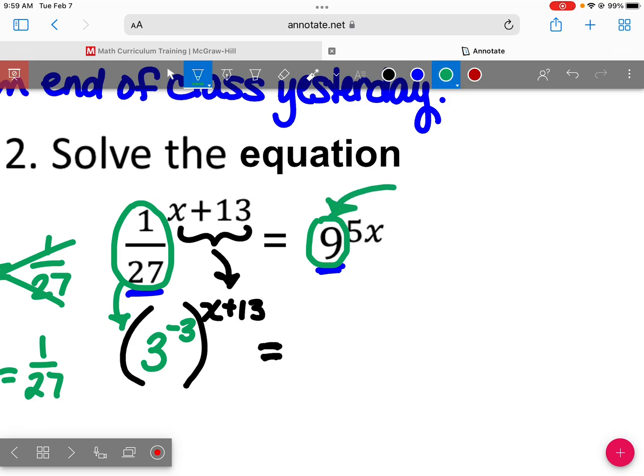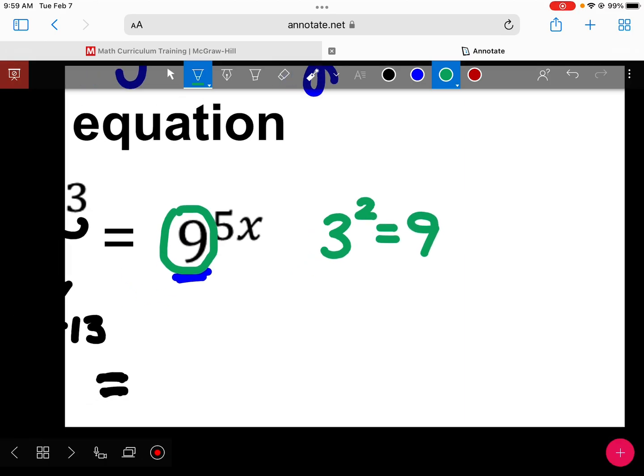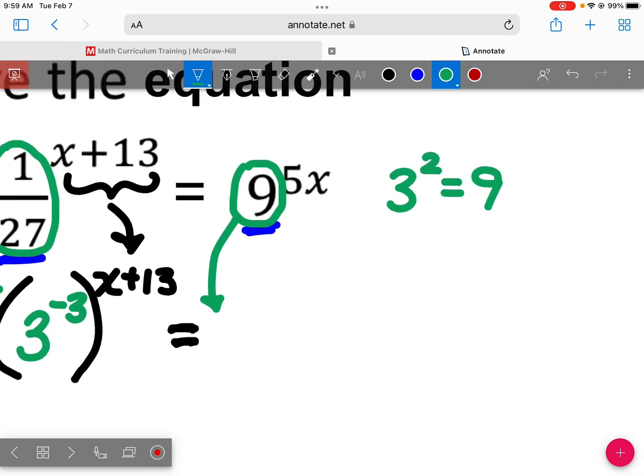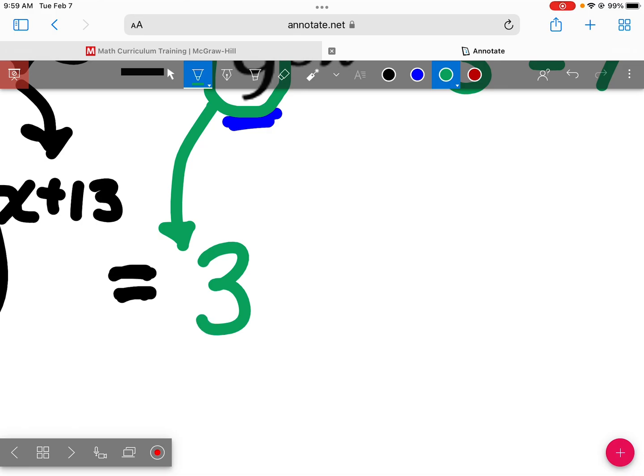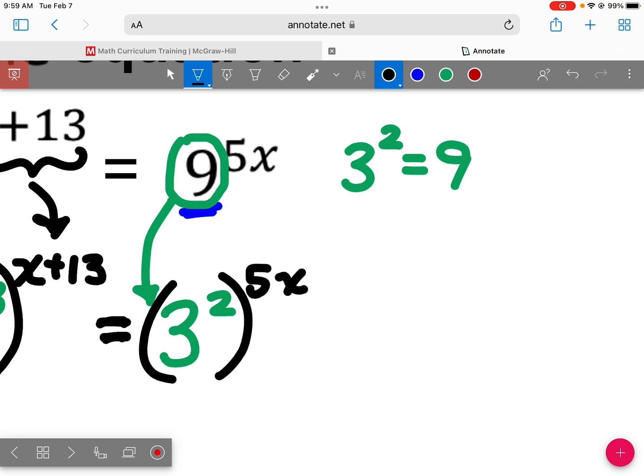This does not match this base here. But can I rewrite 9 so that it is a base of 3? 3 squared would give me 9. So I can rewrite that 9 as 3 squared and then bring down the rest of that exponent, which is 5x.